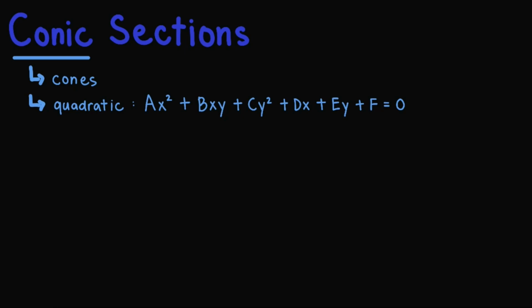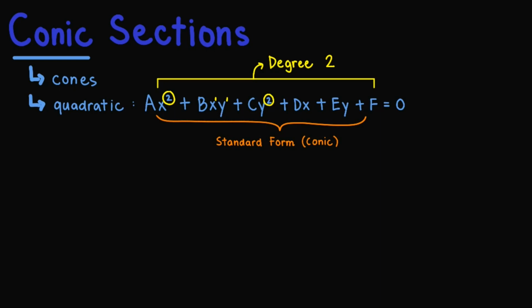As you can see, the degree here is 2 since the highest degree in a term is 2. The degree of these terms is also 2, and the degree of these is 1, 1, and none. So again, this is the standard form of a conic section.